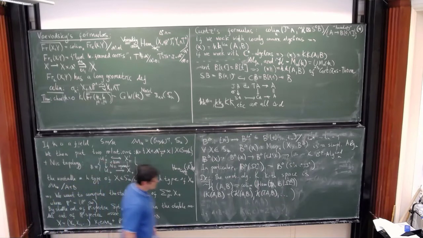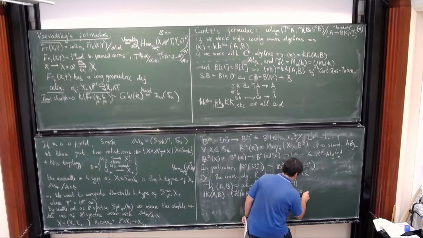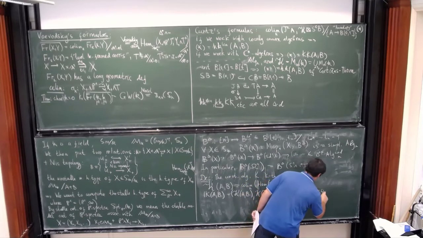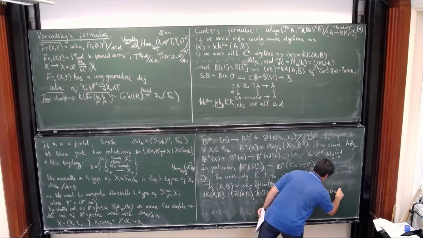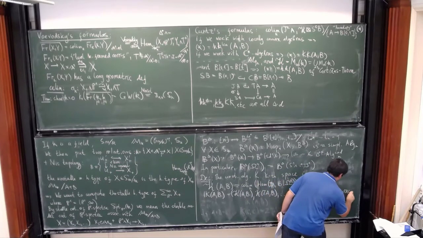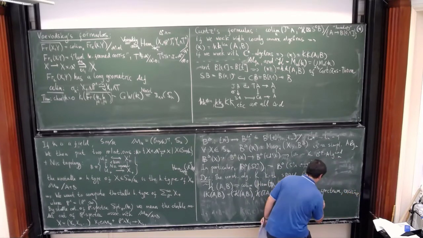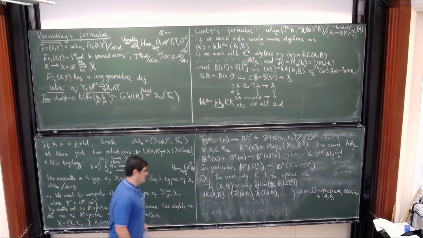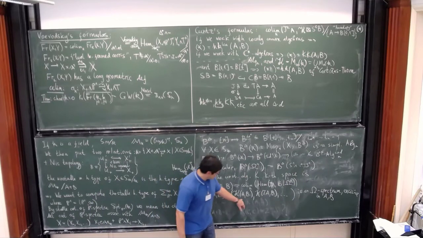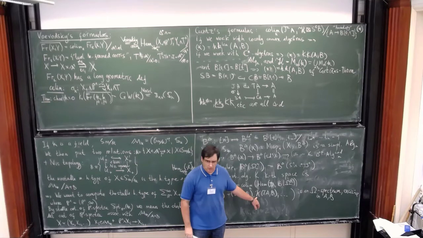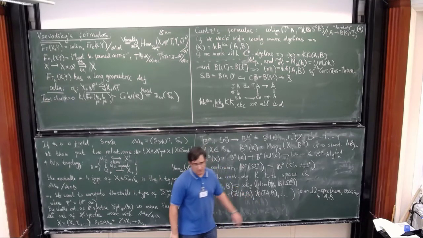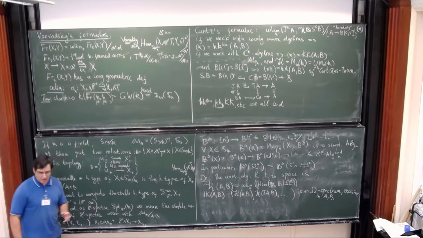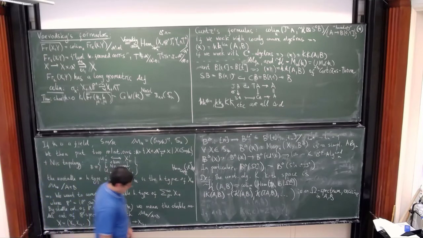It turns out it is an omega spectrum, excisive in A and B, and of course polynomially invariant. But here the structure map from this space to omega of this space is not only a weak equivalence but an isomorphism of simplicial sets. It's a genuine omega spectrum.